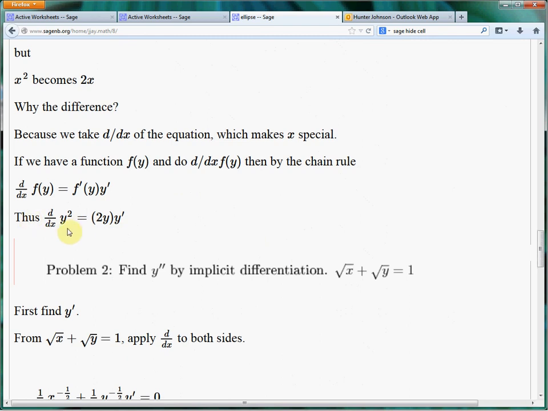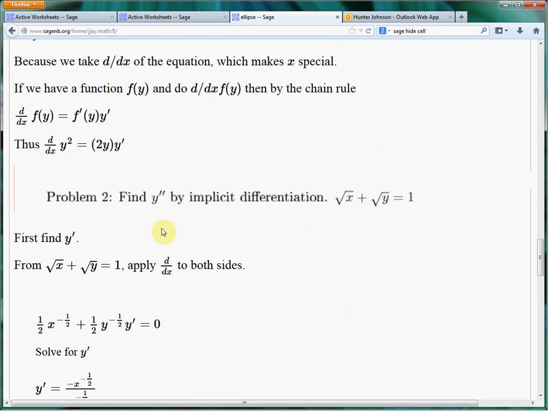So when you take the derivative of y squared with respect to x, the 2 comes down from the square function, but then by the chain rule you have to multiply by y prime, because y was not the variable.